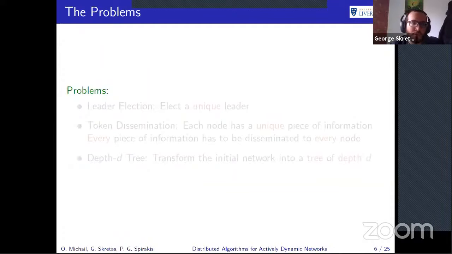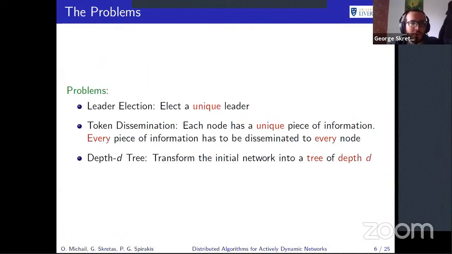So what are the problems that we're going to try to solve? We have 3 problems: leader election, where we want to elect a unique leader; token dissemination, where every node has some kind of information that is unique, and we want every piece of information from every node to go to every other node in the system.